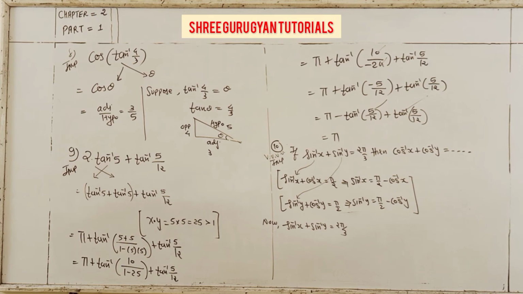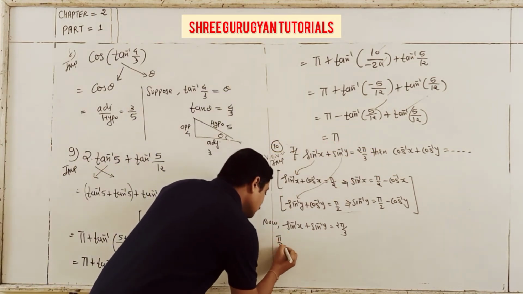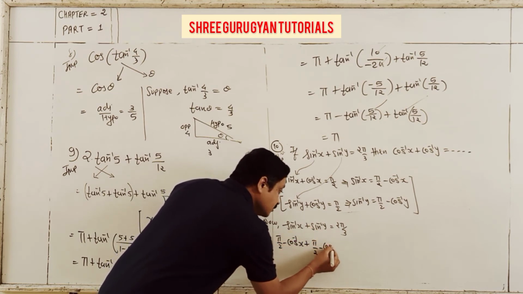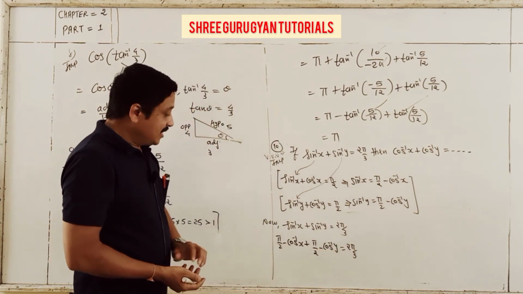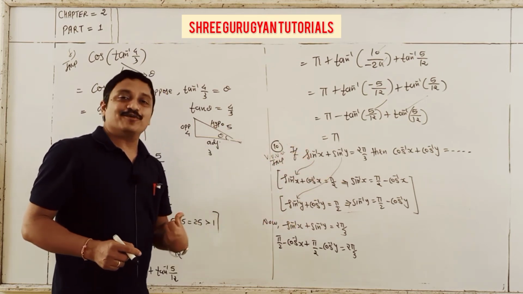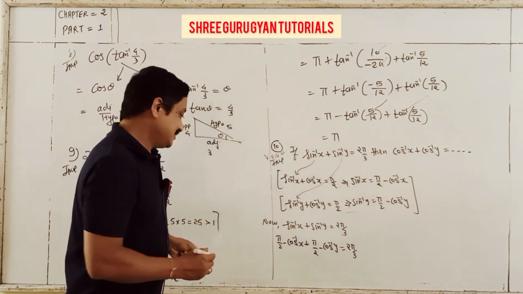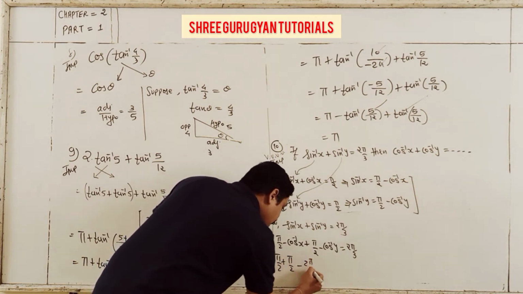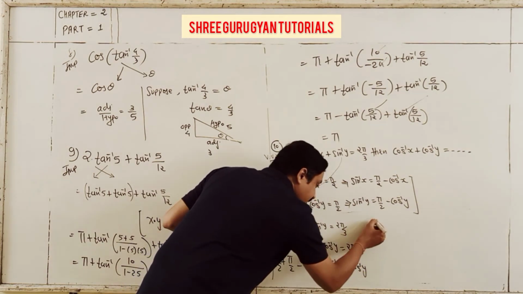In place of sin inverse x, I put 90 minus cos inverse x, and the same 90 minus cos inverse y, and that equals 2 pi by 3. Carry the 90 and 90 to one side, 2 pi by 3 to the other, and cos inverse x plus cos inverse y is your answer.